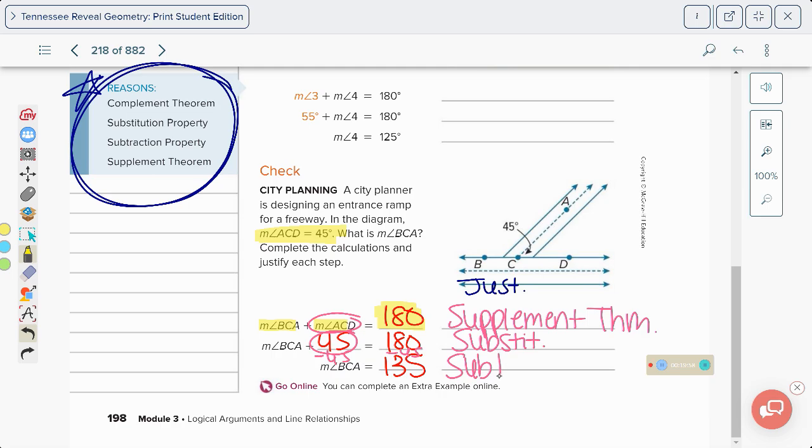So you could say subtraction property, or I'm actually substituting a more complex equation in the second statement for something simpler of equal value, okay? So I would take substitution as well, either or.